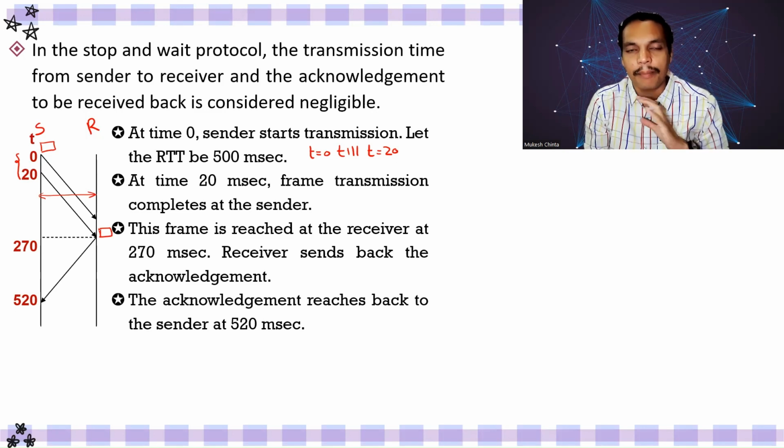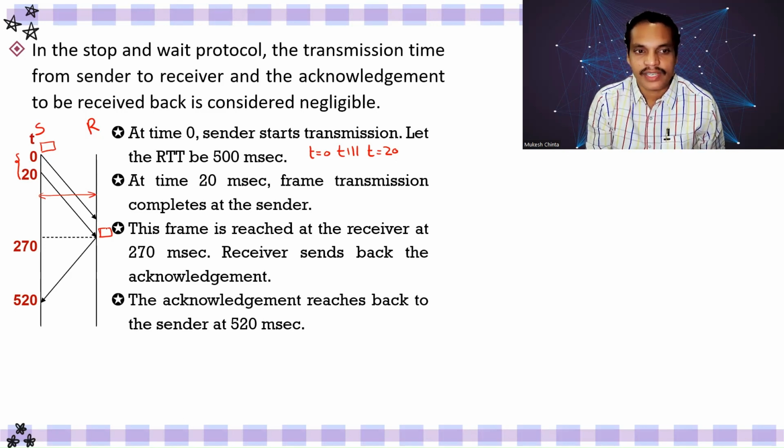Once it has completed the error checking and is happy that everything is okay, it will send an acknowledgement back. For this acknowledgement to get back to the sender, it takes another 250 milliseconds. So from 270 plus 250, a total of 520 milliseconds, the acknowledgement is received, and only then the sender can be active again and start sending the next frame.